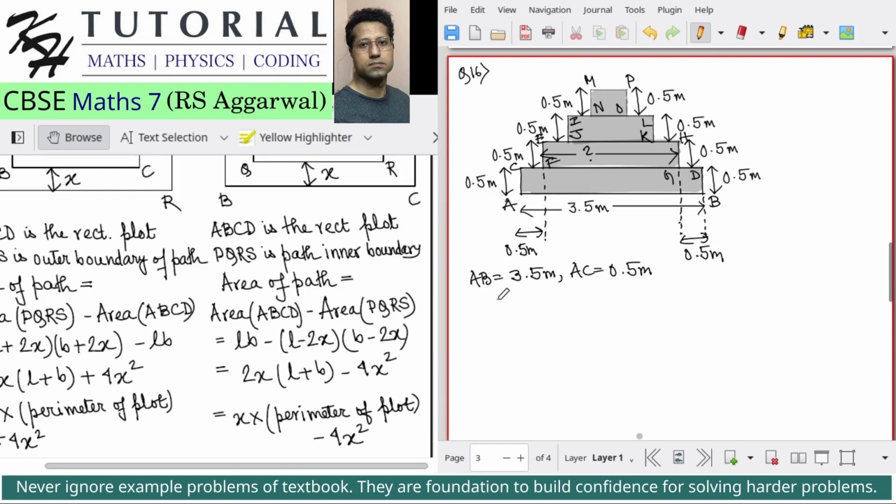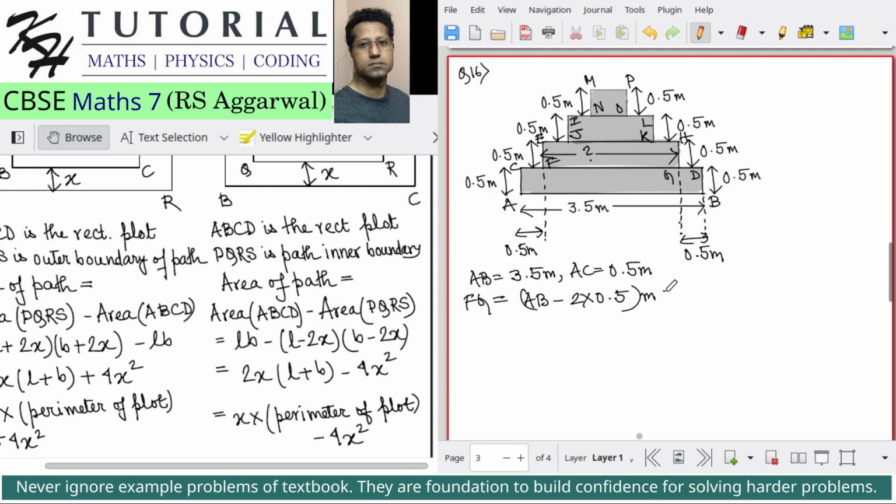Let's find the dimensions of the second largest rectangle. Let's say the length of GH is equal to the length of the rectangle below it, that is the largest rectangle, minus, so it will be AB minus 2 into 0.5 meter, because the side EF is 0.5 meter apart from the left edge of the bottommost rectangle, and also the right edge of the rectangle EFGH is 0.5 meter apart from the right edge of the largest rectangle.